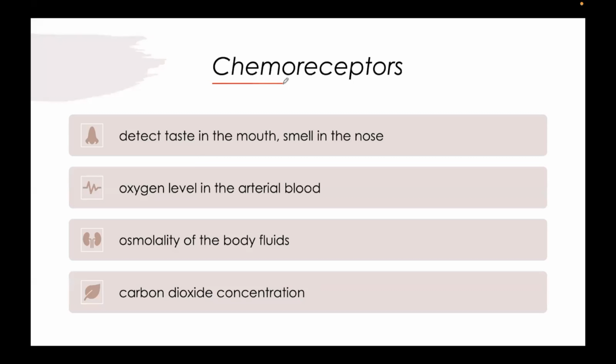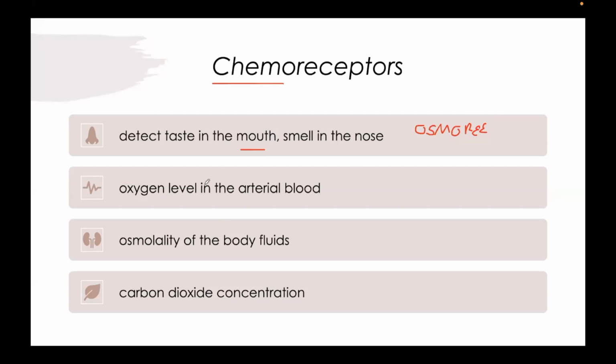Now, next is the chemoreceptors, meaning chemical. So the chemoreceptors are responsible for detecting the special senses, such as taste in the mouth, smell in the nose. Another term for the receptors in the nose, they call them osmoreceptors.